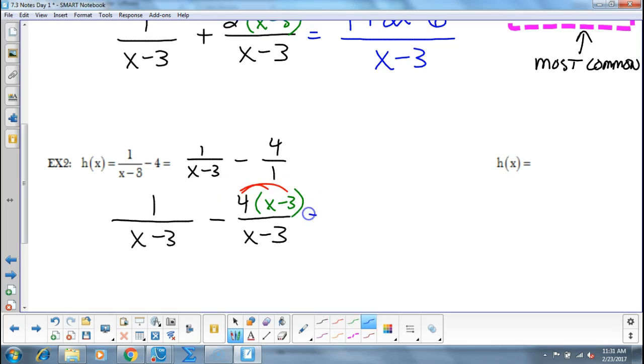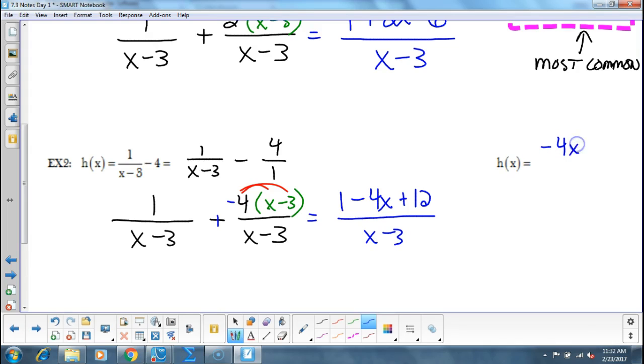So this becomes 1 minus 4x minus negative 12. So that's plus 12. If we make this a positive and put the negative sign up in there, same kind of fraction, we get that over x minus 3. So my function then is going to be negative 4x plus 13 all over x minus 3.